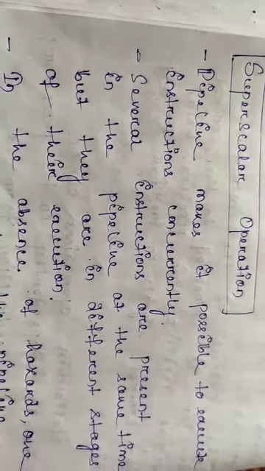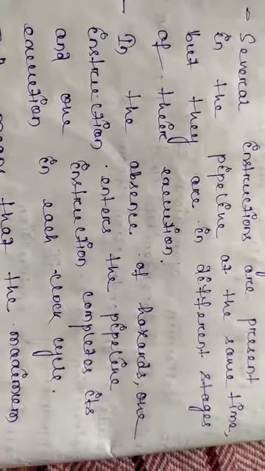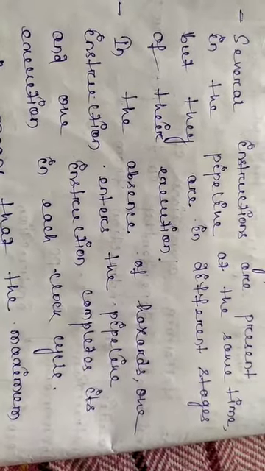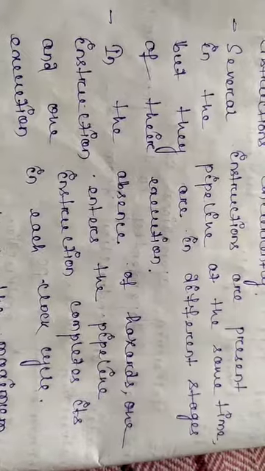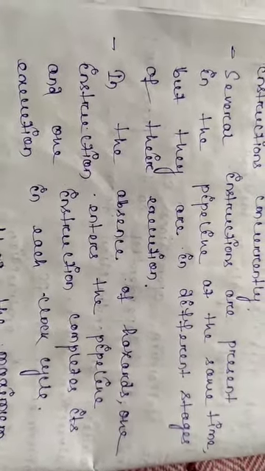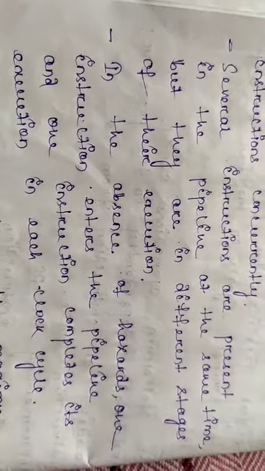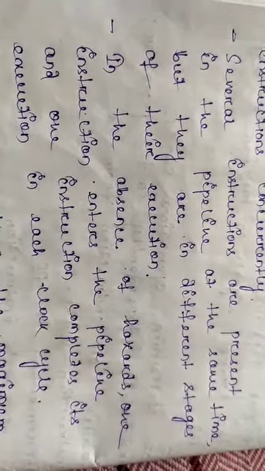But in the absence of hazards, one instruction enters the pipeline and one instruction completes execution in each clock cycle. If a hazard does not occur, one instruction completes its execution and one instruction enters the pipeline.